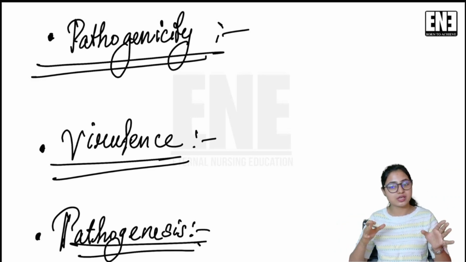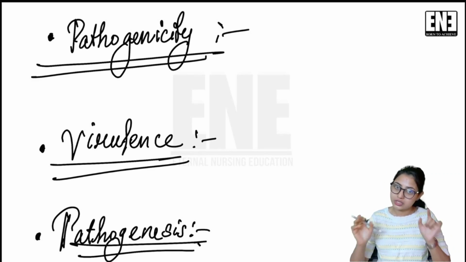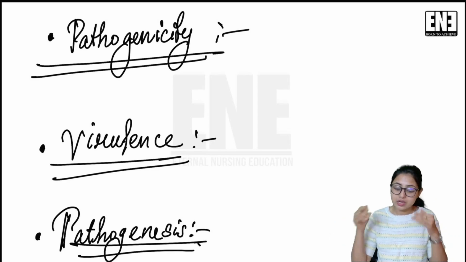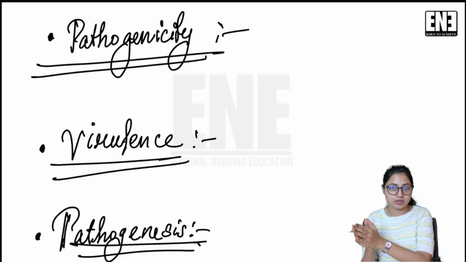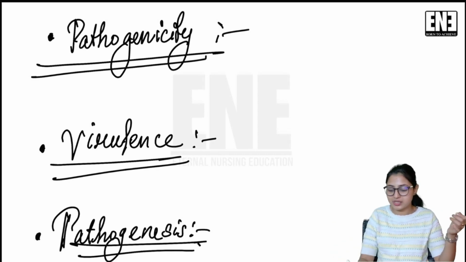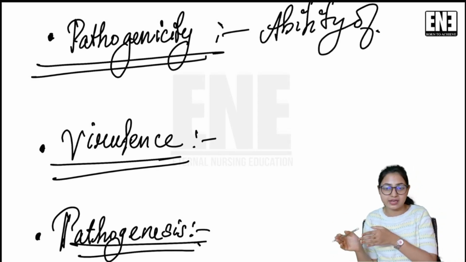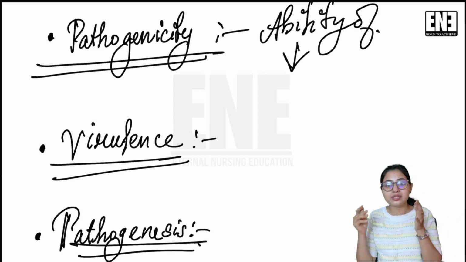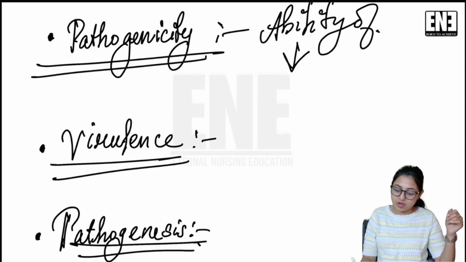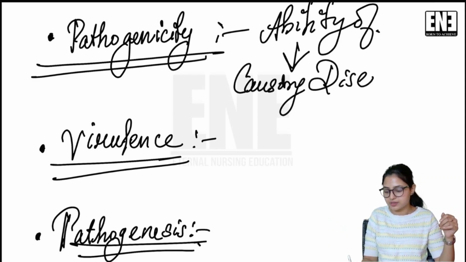Okay, infection study. If you're studying infection, these are the factors which will be there, which you need to have your clear concept about. Pathogenicity. Pathogenicity means till what extent. It is basically the ability of a microorganism to cause a disease, ability of causing disease.